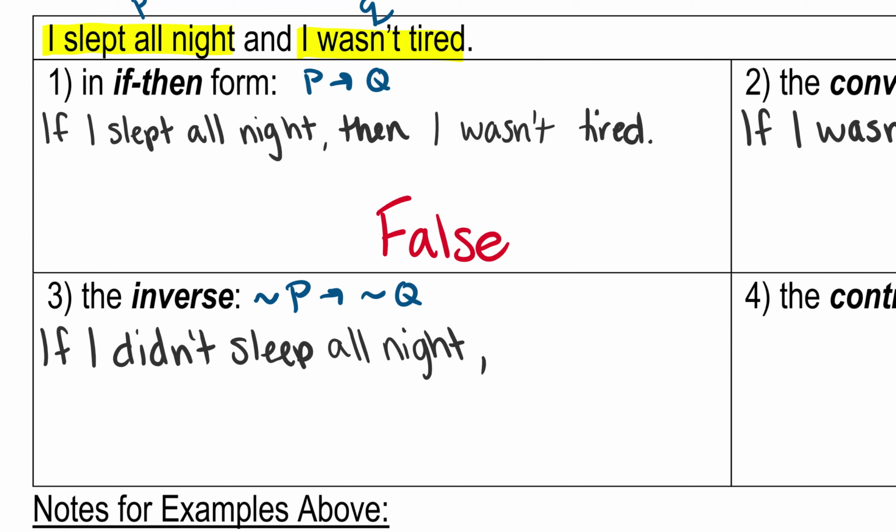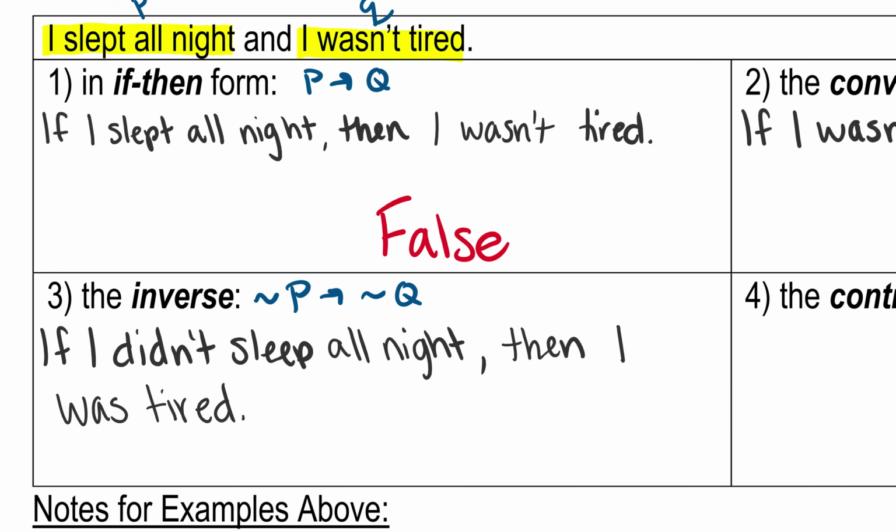And then, so I'm making Q not, the opposite. So instead of saying then I wasn't tired, you say then I was tired. So if I didn't sleep all night, then I was tired.